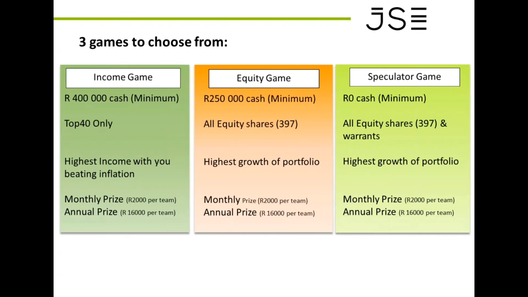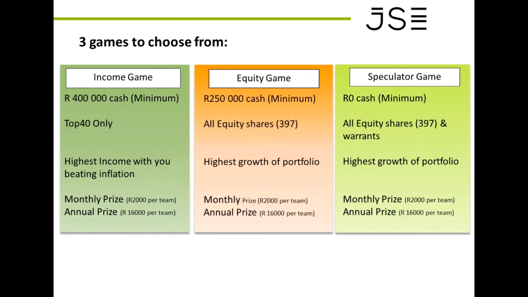In the equity game, you only need to keep 250,000 cash. And speculator, we don't ask you to keep any minimum cash. In the income game, you have the top 40 companies only that you can buy and sell. In the equity game, you've got all equity shares, roughly 397 right now on the JSE. And with the speculator game, you've got all the normal shares, 397, plus you've got warrants to play with.